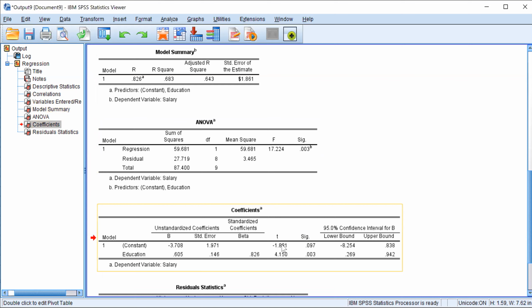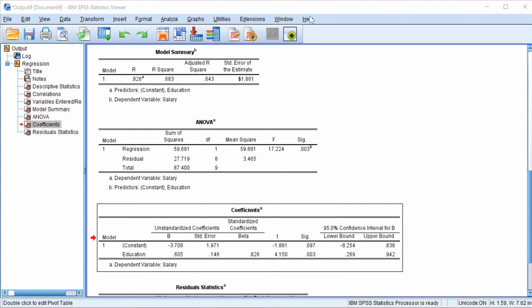In the coefficients table, we get our regression coefficients, that is the regression slope and the regression intercept. These are the numbers that we use to write the regression equation.